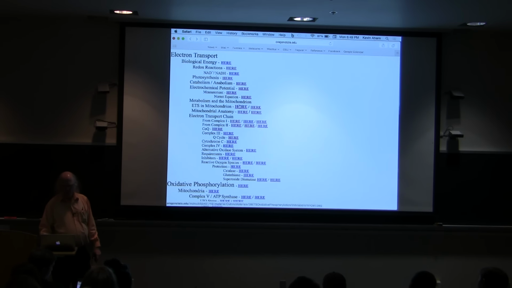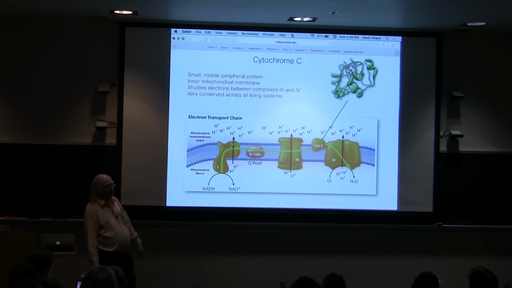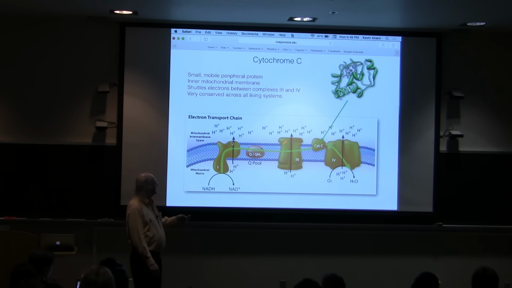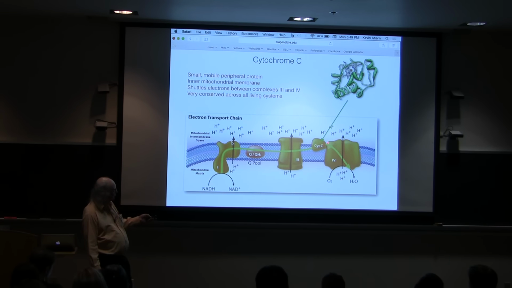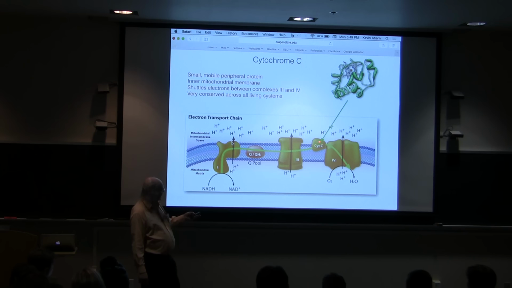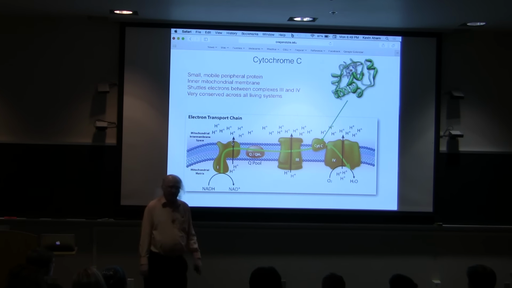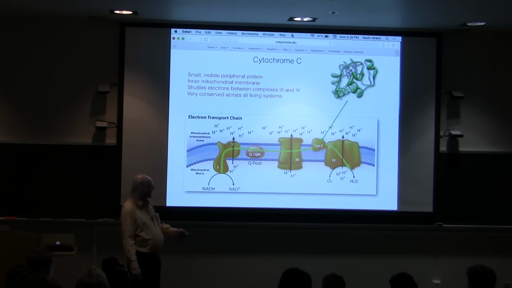Okay. The Q cycle. Cytochrome C, as I said, was a protein that is conserved from bacteria to humans. It says a lot about its importance in terms of carrying electrons. You see it here shown as a peripheral membrane protein. This is a true peripheral membrane protein. I talked about how when damage occurs to the mitochondrion, one of the things that can happen is cytochrome C can be released out into the cell, and that is a trigger for the cell to recognize it's time to commit suicide.